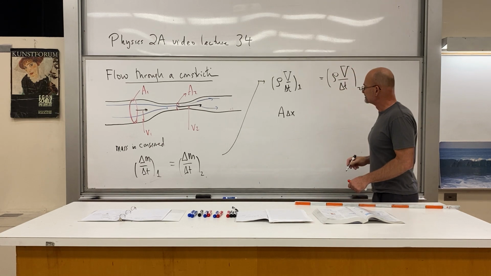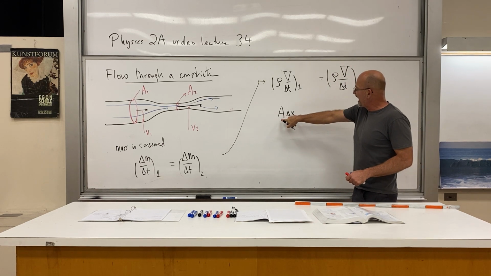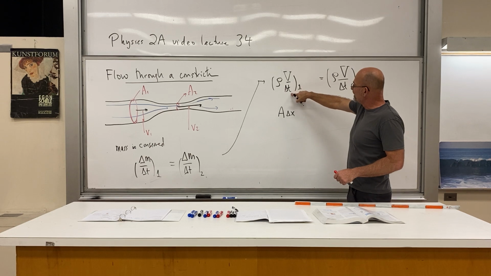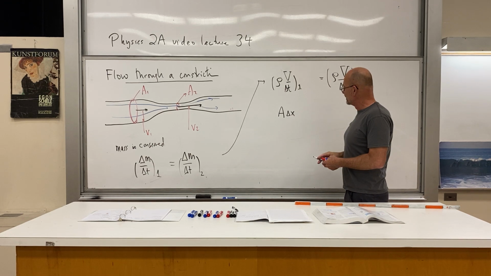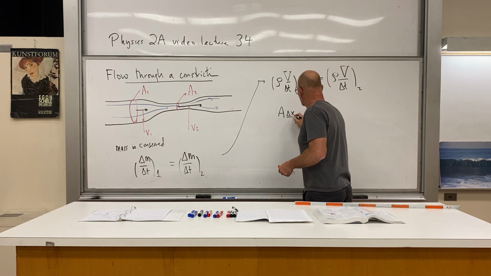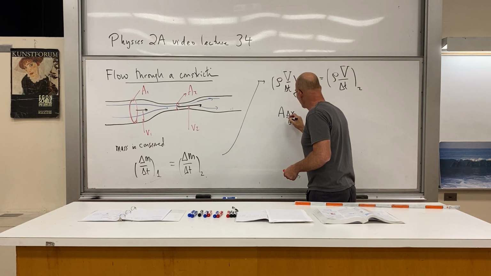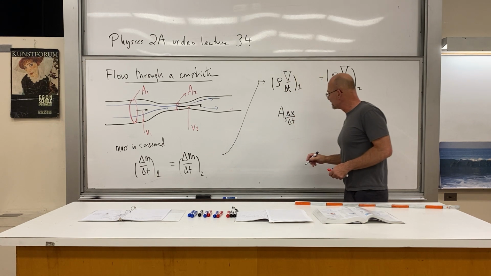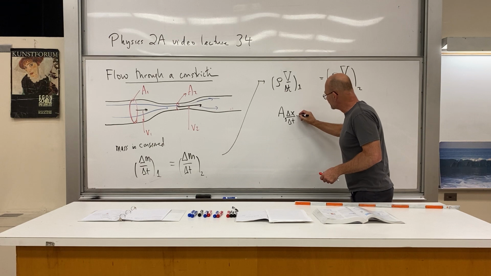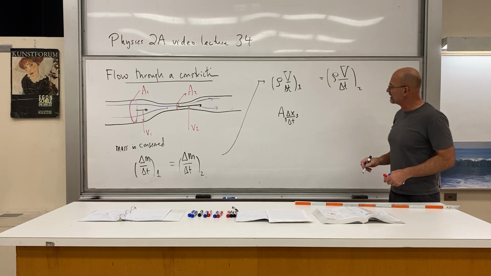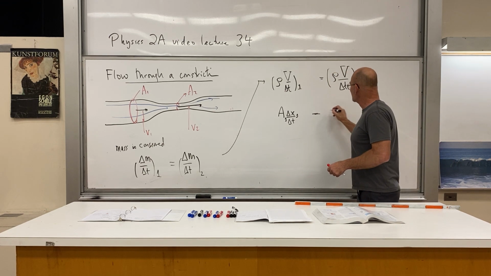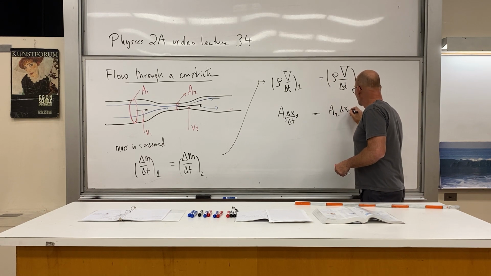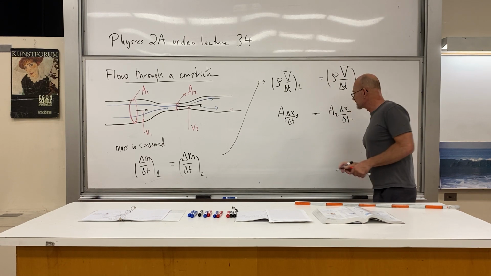So A times delta X gives me a volume over delta T, and that's A sub 1, delta X sub 1, over delta T, and that's going to be A sub 2, delta X sub 2, over delta T.